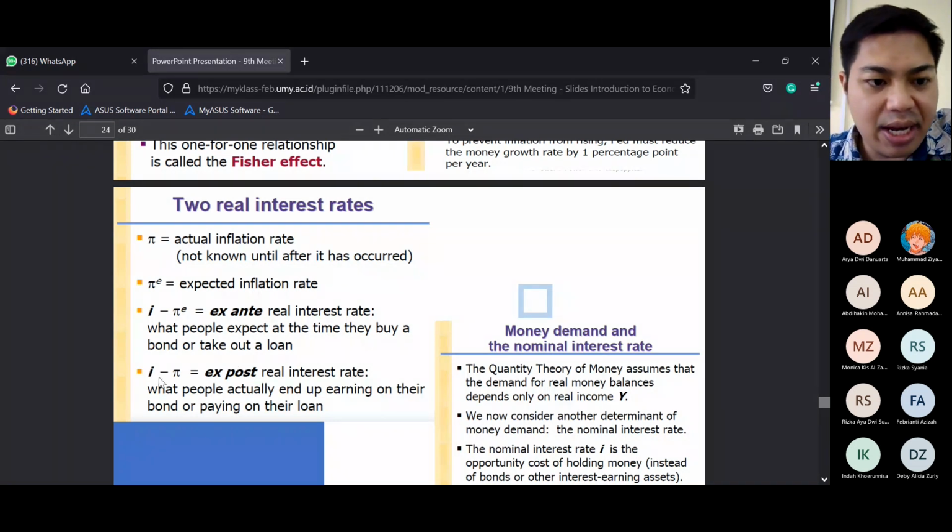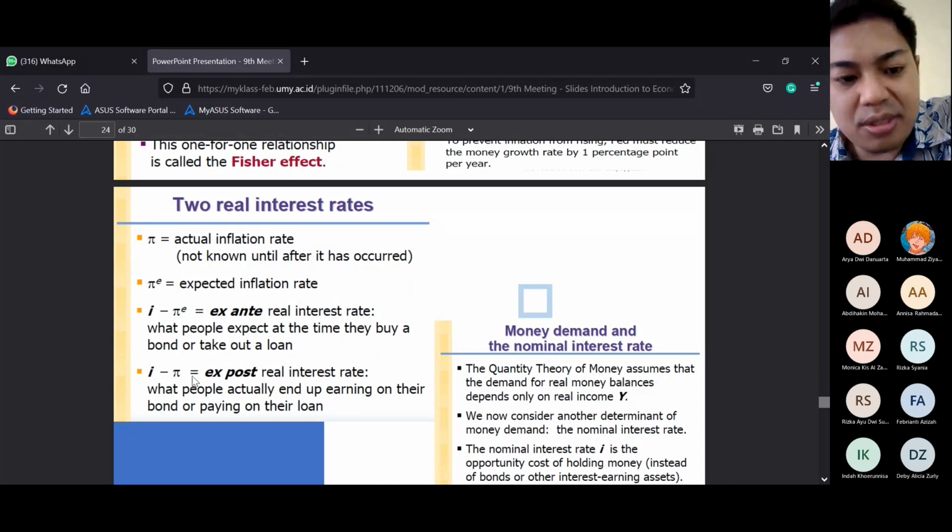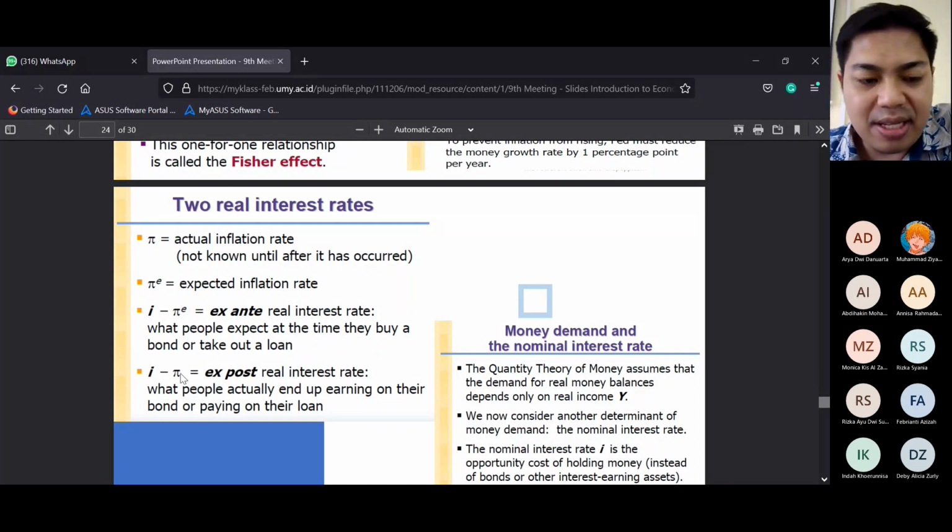And the other way around, if the interest rate minus inflation, ex post, not expected but the real inflation, is what people actually end up earning on their bond or paying on their loan. So it means that people try to pay back the loan that they have through the ex post rate.